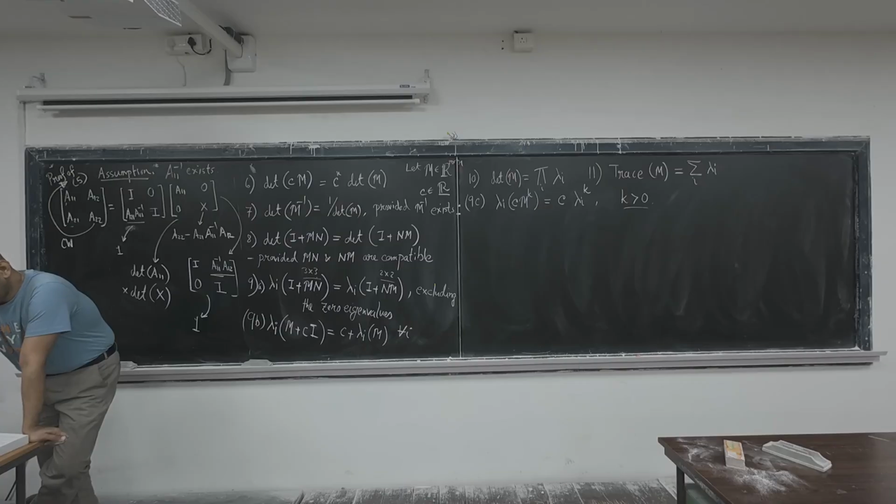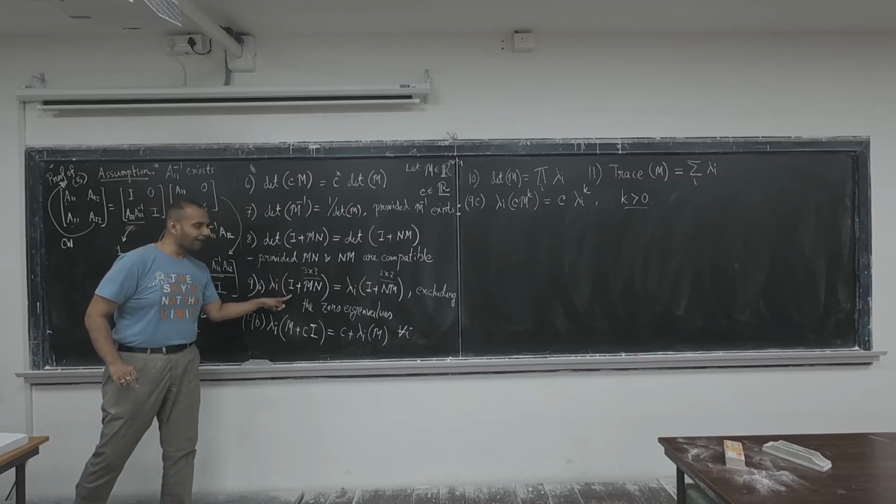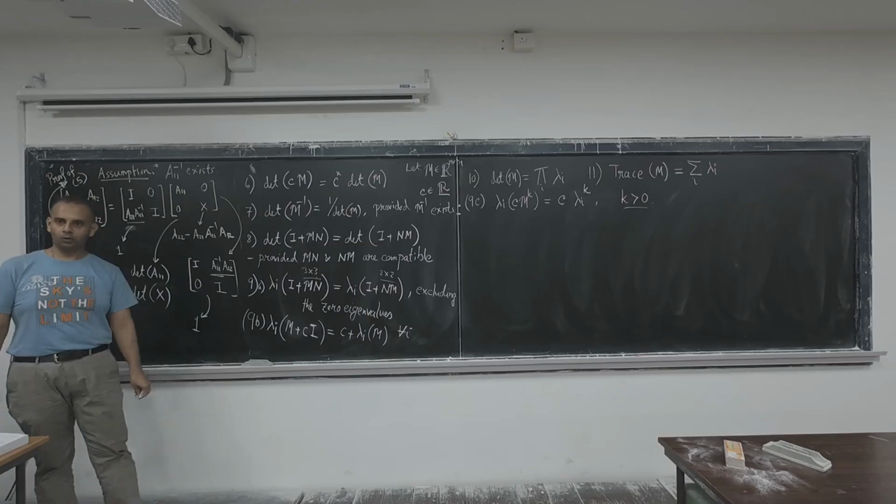Read out the statement. Consider an L cross M matrix A and an M cross L matrix B. Then the L cross L matrix AB and the M cross M matrix BA have the same non-zero eigenvalues. Okay, here what I wrote in terms of I, even if I is not there, still the relation will hold.